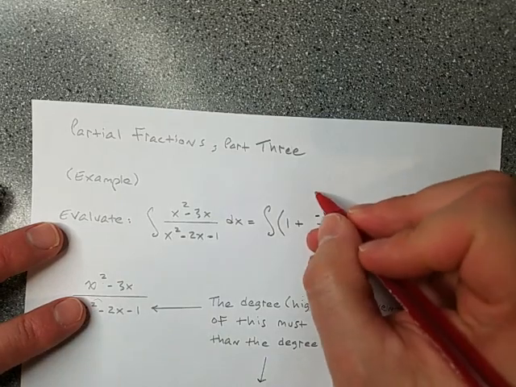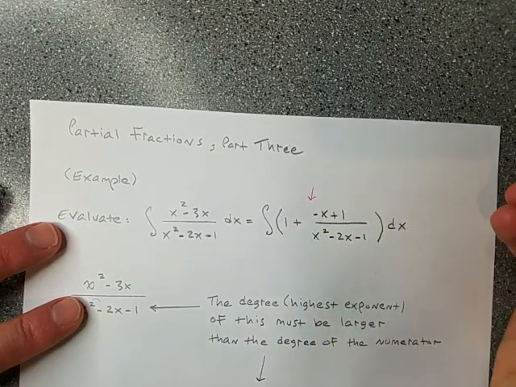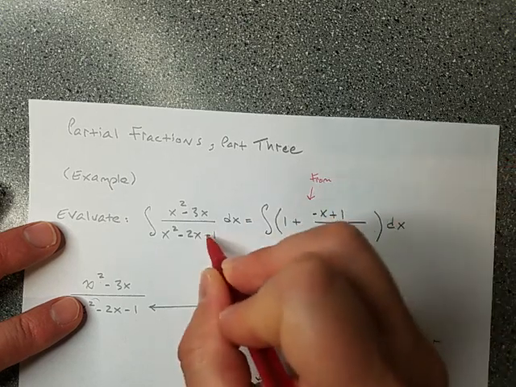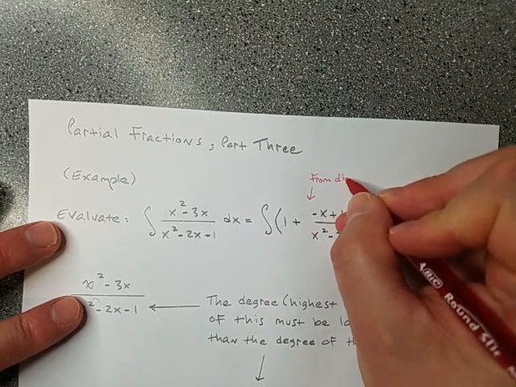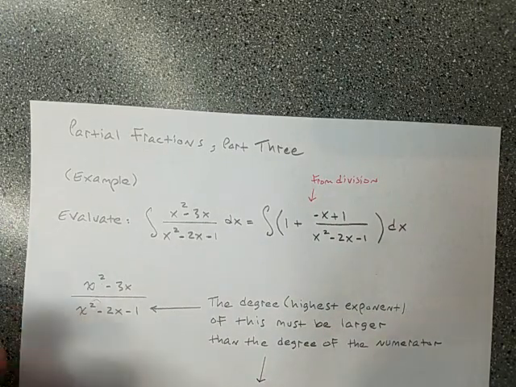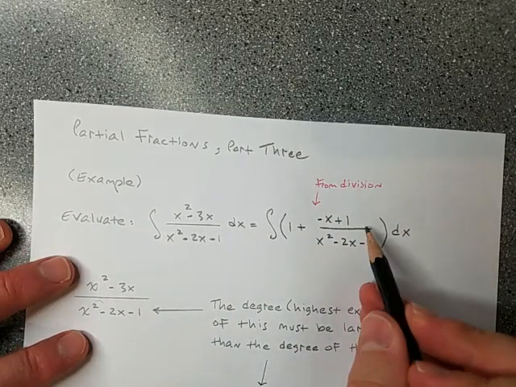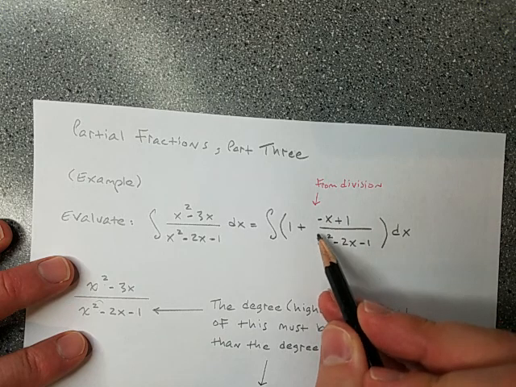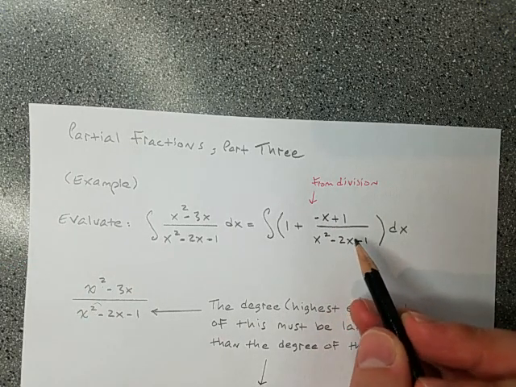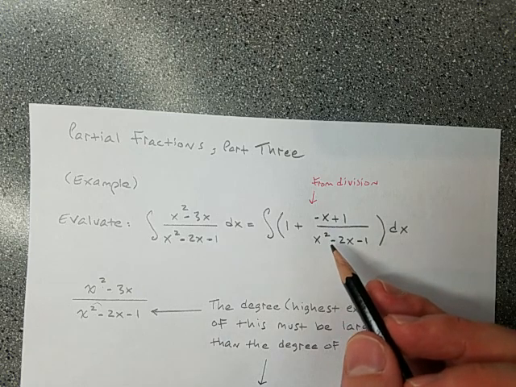So if it helps you, if you like to make notes and keep track of things, this is immediately from my division. Okay? And then, like, it might be that I do this part by partial fraction decomposition, or maybe some other method. I'll have to look at this and decide how I should do it.